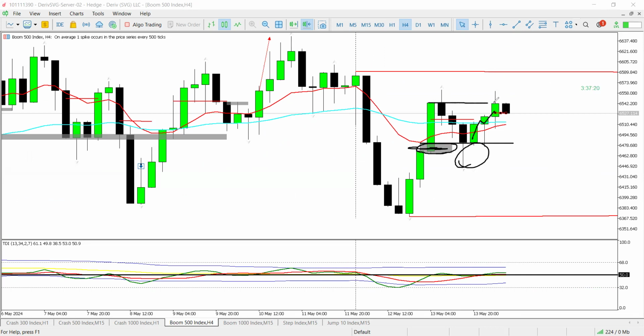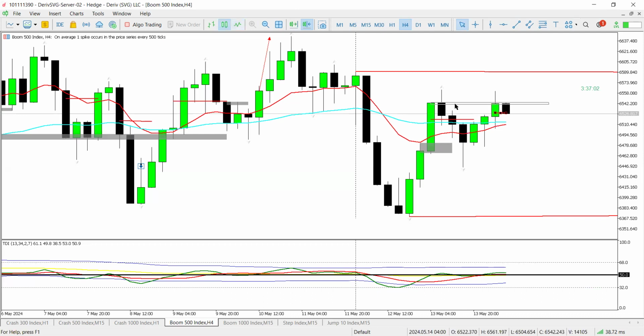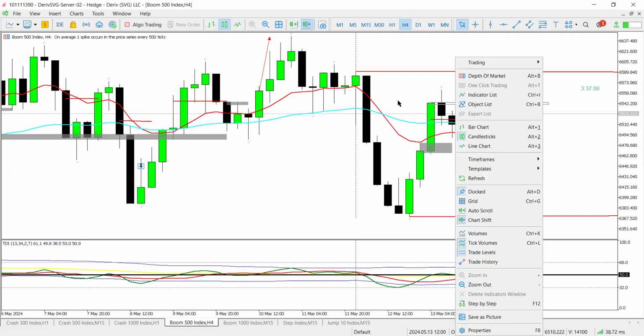So here we've got these equal highs. If you switch to a line chart, you see those highs there. So that's a point of interest as well for safe buys. If we can break back above these highs, then most likely this price will actually push up.